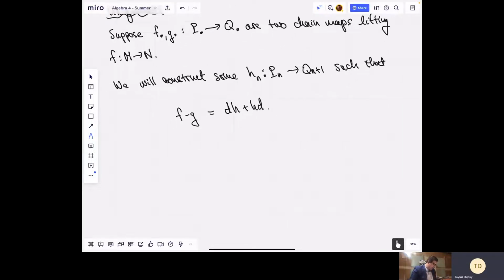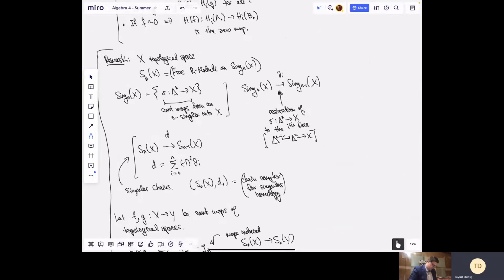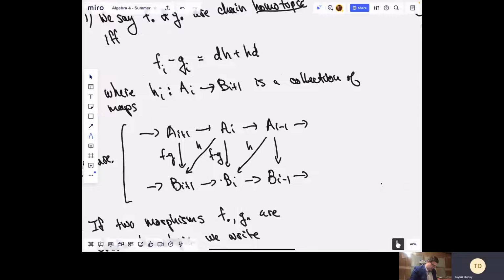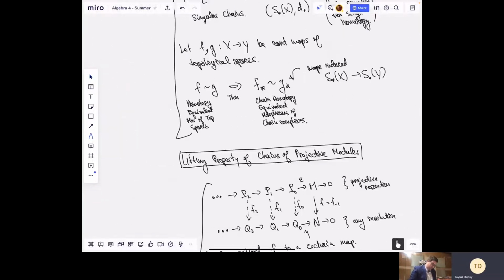I think we wrote down what this looks like somewhere. So we're going to have a map going back. F minus G is going to be D then H, or H then D. There's one going to the left, where you do H first, and there's one going to the right, where you do D first. You add those two together, and then you get F minus G. So that's what we're trying to show.